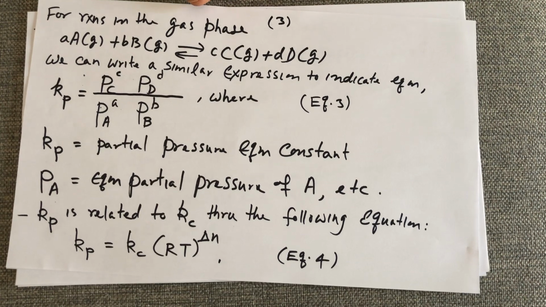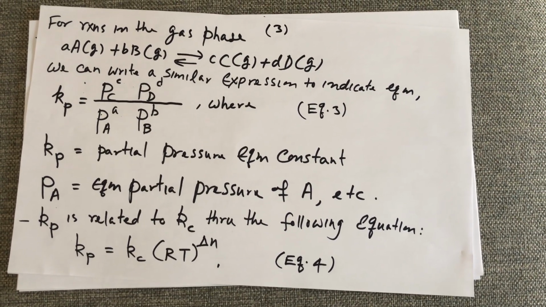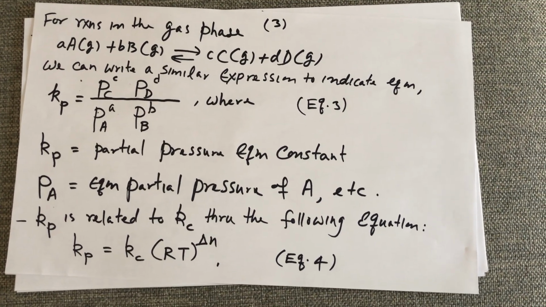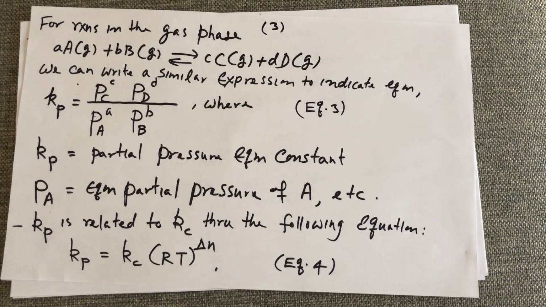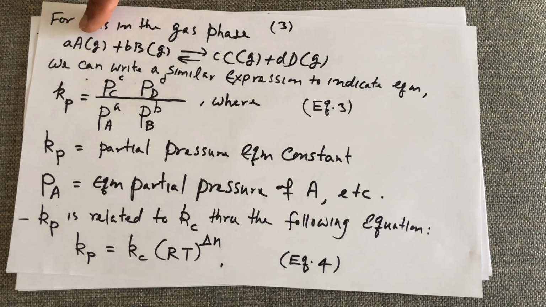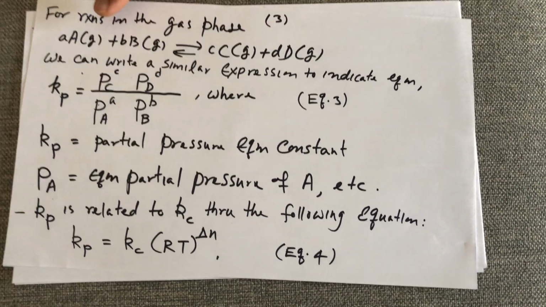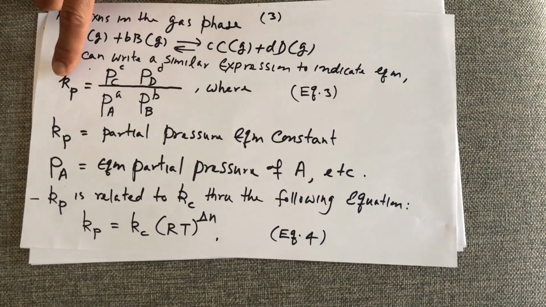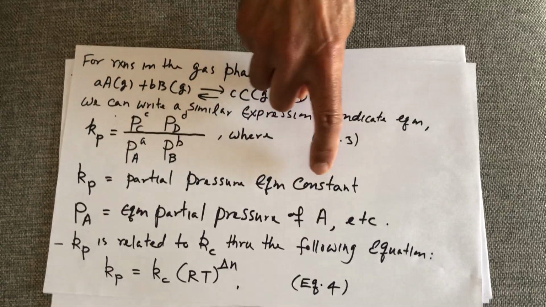Now, if we have reactions taking place in the gas phase, which is a very common thing in chemistry, so everything is in the gas phase, as you can see in this reaction, then instead of writing Kc, we have to write another expression called Kp, where Kp is called the partial pressure equilibrium constant.